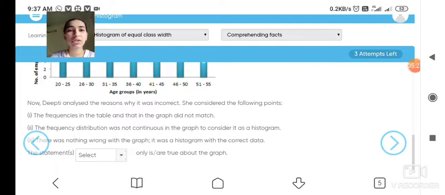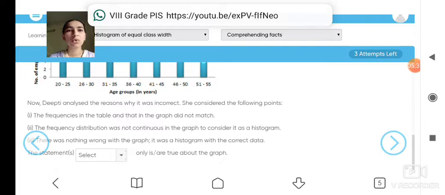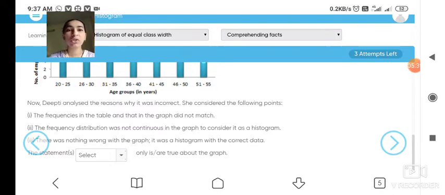Yes, it is not continuous because after 20 to 25 the next number is directly 26. In continuous classes, one number will be common, because 20 to 25, then 25 to 30. Yes students, this is called continuous. The number is repeated in both the classes, but in the upper class it is not included.